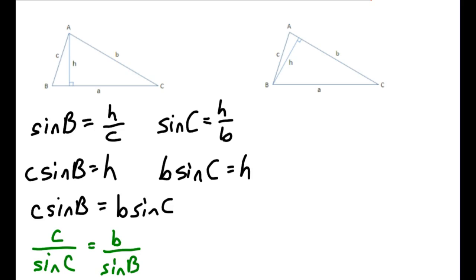Now we need to use the triangle that's on the right and go through a similar process to come up with the rest. The difference in this triangle is that the altitude is drawn from vertex B this time. I know that the sine of angle A is equal to h over c, and the sine of angle C is equal to h over a.